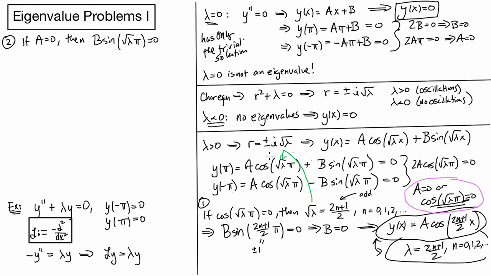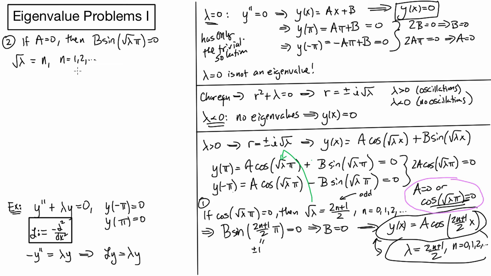So looking at this top equation, if a is 0, I've got to have this term be equal to 0. Now, unlike case 1, where I had a restriction on what lambda could be, here there are no restrictions, and so to make this 0, I have to have square root of lambda equal to any integer n, so n could be 1, 2, and so on.